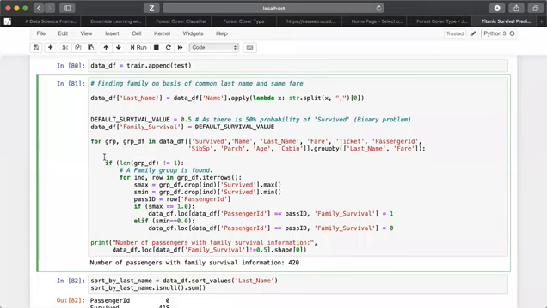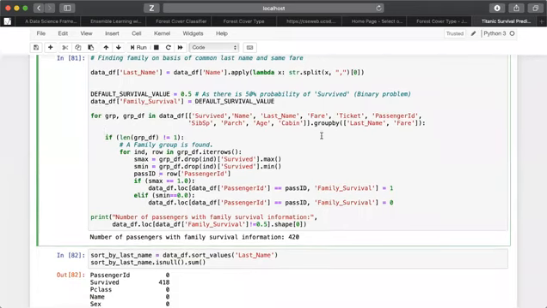Thereafter, carrying out the first thing like I covered: if the last name is the same and those passengers have paid the same fare, it gives me an insight that these people belong to the same family. So for that, I have done a group by on last name and fare.